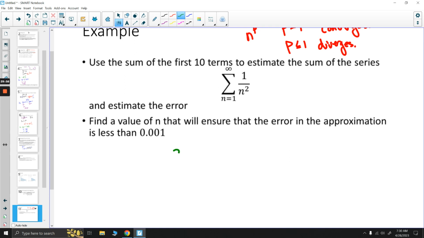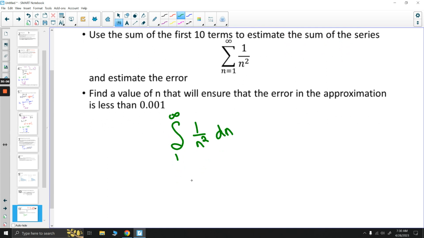So, the integral of 1 over n squared from 1 to infinity dn. Okay? The integral of 1 over n squared will be negative 1 over n from 1 to infinity.